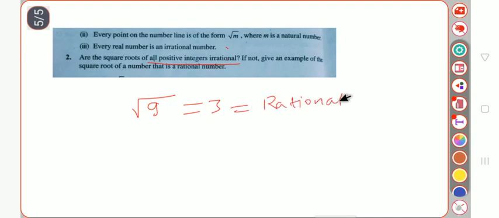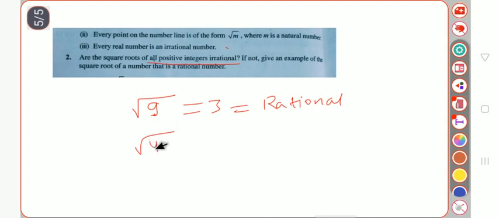So here it fails. First of all, please understand the question. It asks whether the square roots of all positive integers are irrational. I have taken one positive integer, 9; the square root of 9 is 3, which is rational, but the question asks for irrational, so it fails.